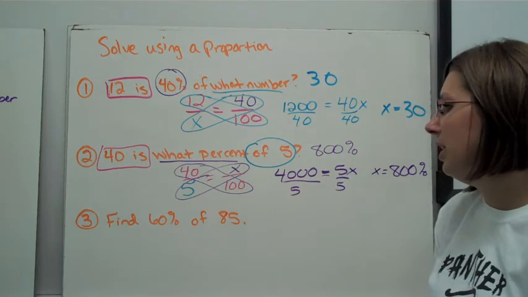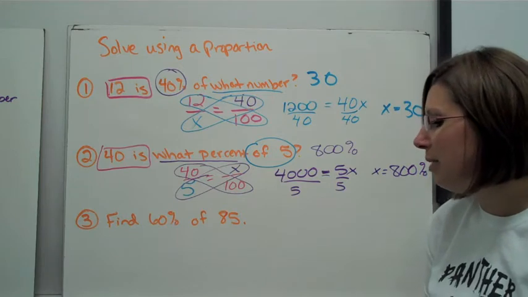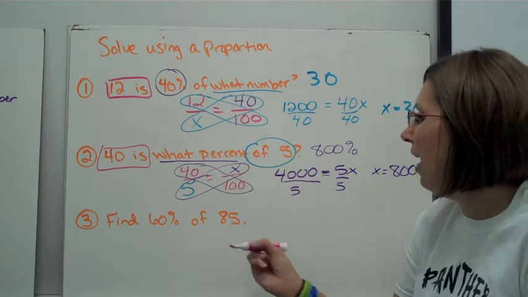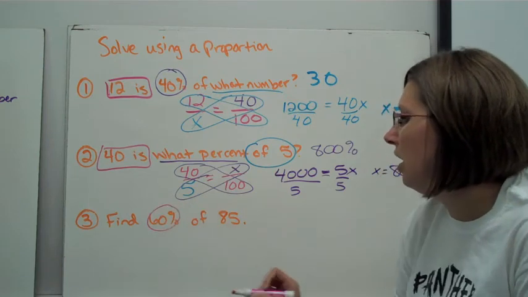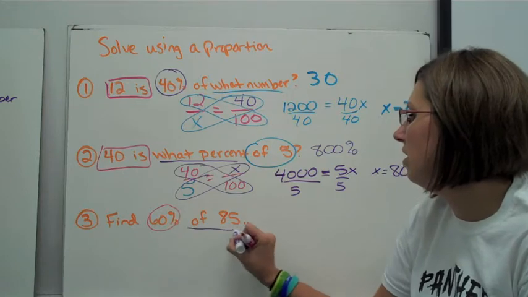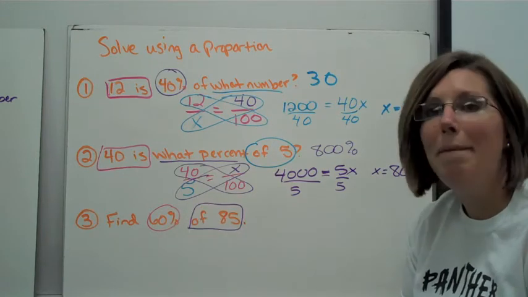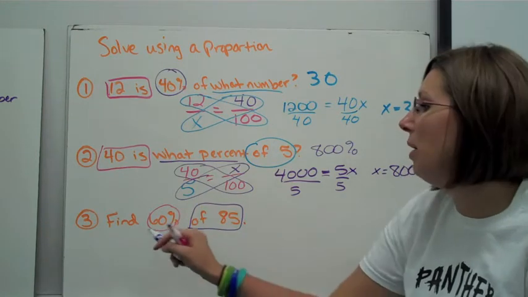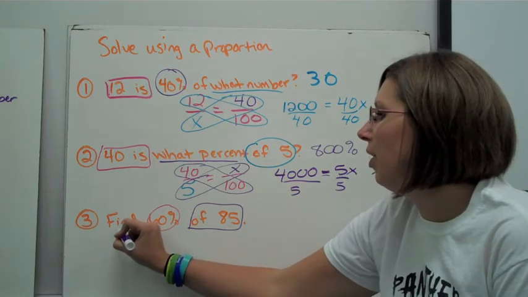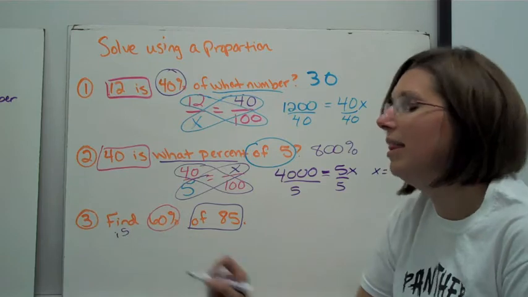The last question here, find 60% of 85. Well, I have a percentage. I have of 85. Well, what am I missing? I'm missing my word is. So basically, I don't know my is. Find the is.